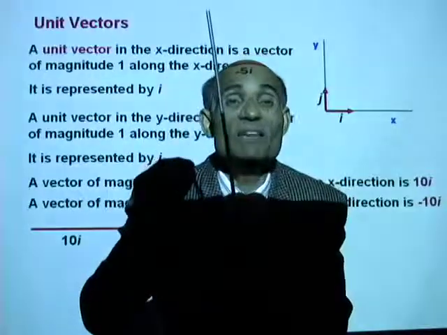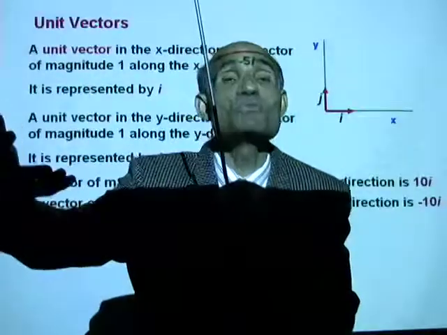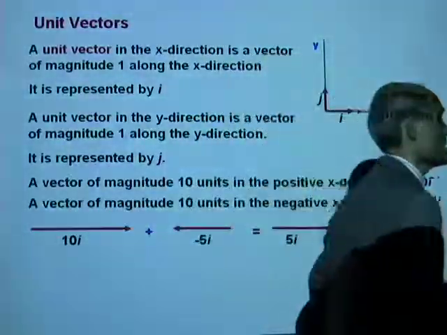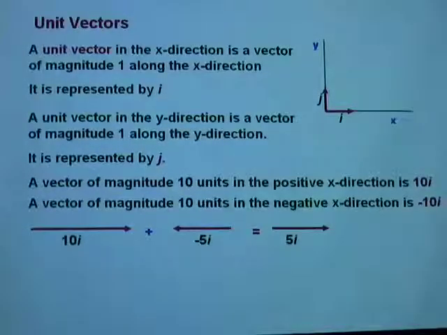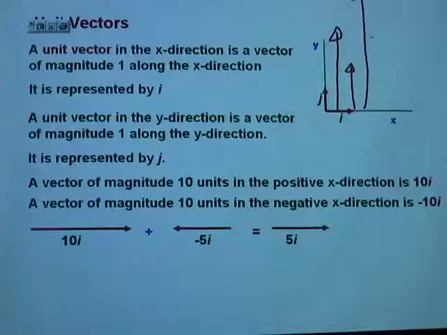What is 5j plus 2j? Let me see if I can draw that here. 5j is this, 2j is this. If you add these two, you produce a vector of 7j.